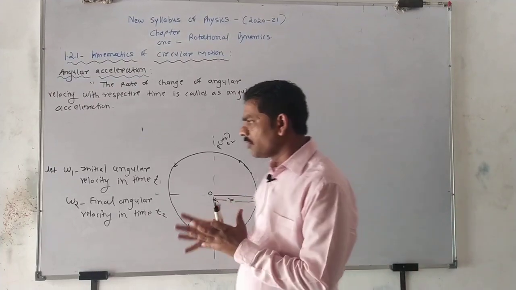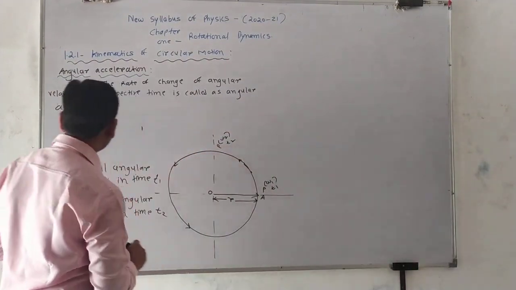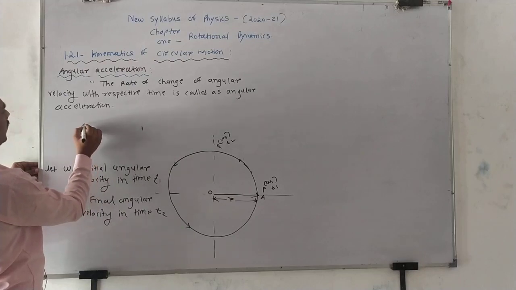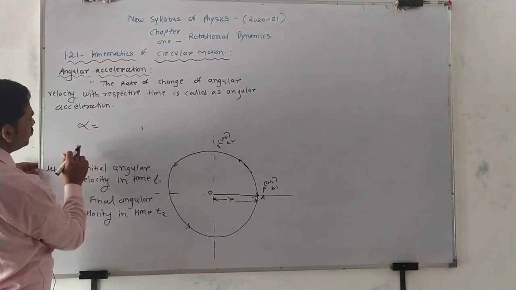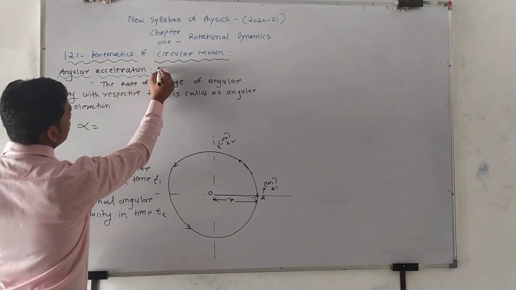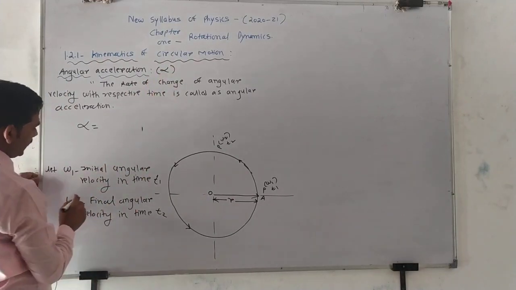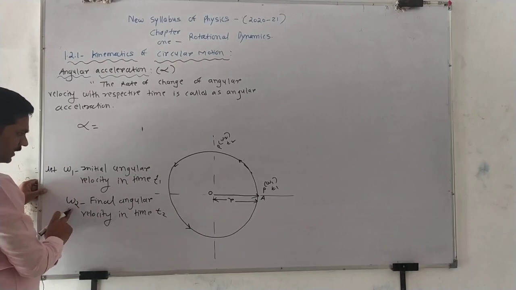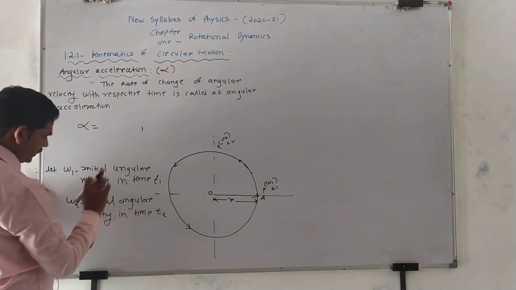Yes. So I write all these things mathematically. Alpha is equal to, this alpha is the symbol of angular acceleration. The initial velocity is omega 1, finally omega 2, in time t1 to t2.